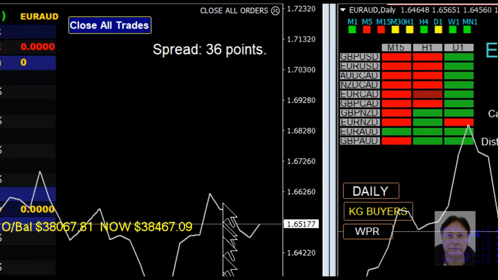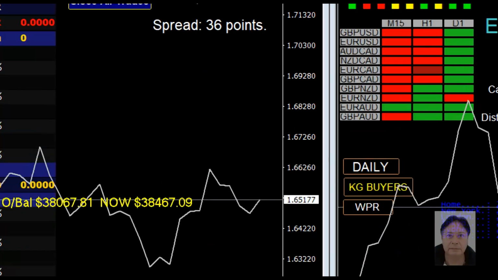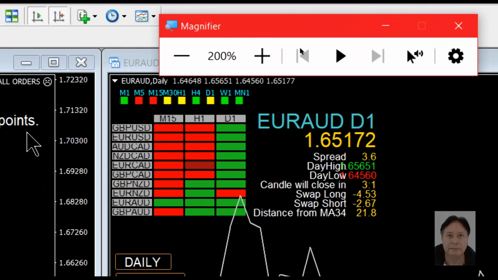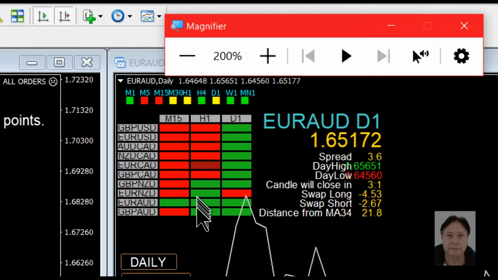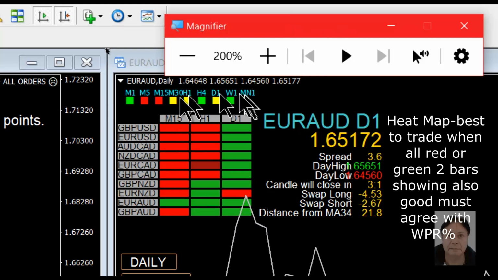Okay, I'm trading now on the day 1 time frame, the daily time frame, and although it's set at euro and the Australian dollar, it doesn't mean that I won't be changing it. It depends on this chart here, to see what the heat map will show me, and the trend here.